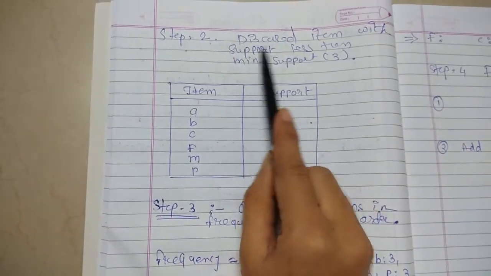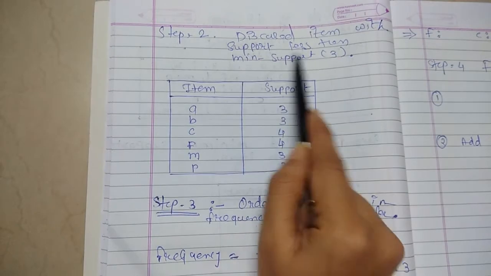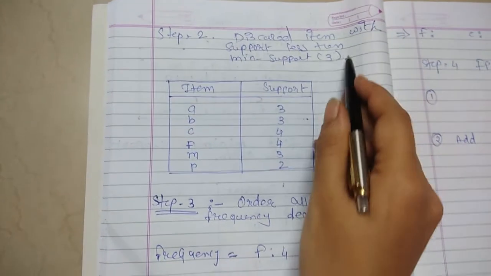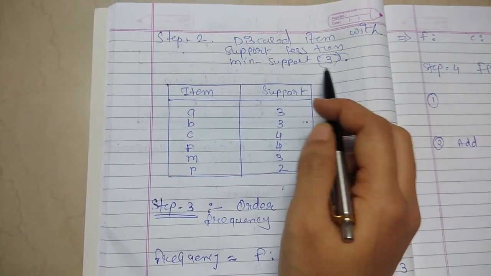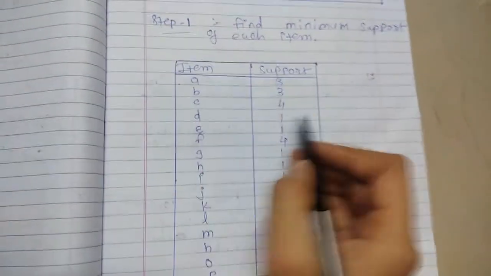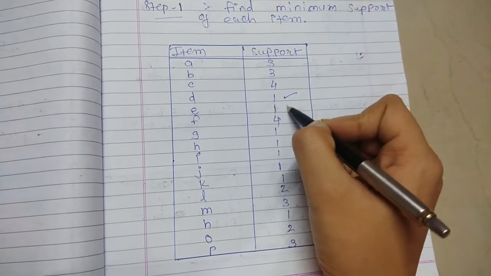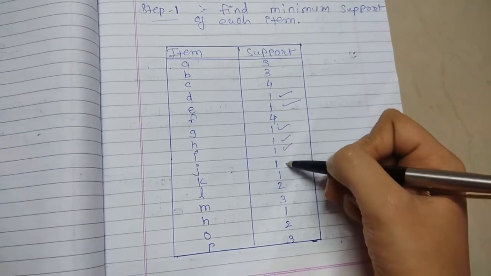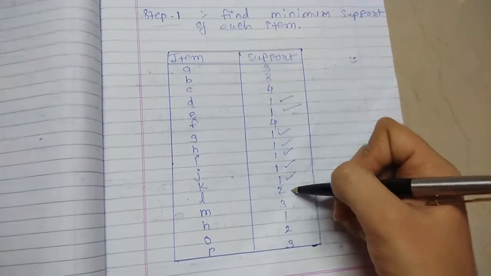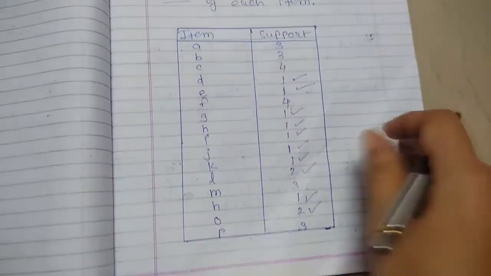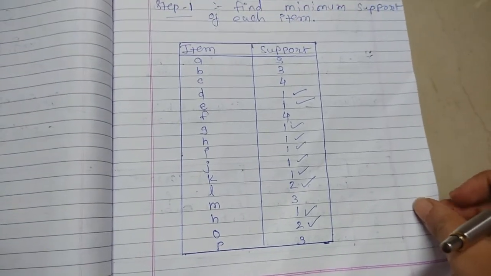Step 2 is to discard items with support less than the minimum support of 3. Here our minimum support is 3, so we'll discard those items whose support is less than 3. So in this example, the items D, E, G, H, I, J, K, L and O, these are the items whose support is less than 3.